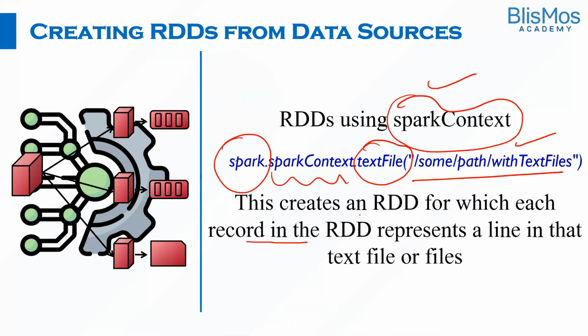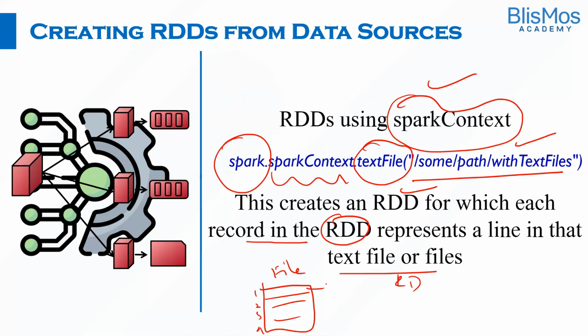So this creates an RDD for which each record in the RDD represents a line in the text file. For example, this is a file. We have 1, 2, 3 and 1, 2, 3, 4. We have an RDD. This line becomes a record in an RDD.